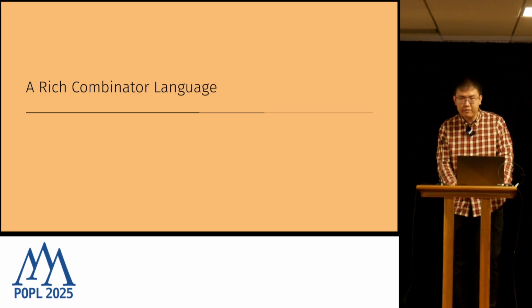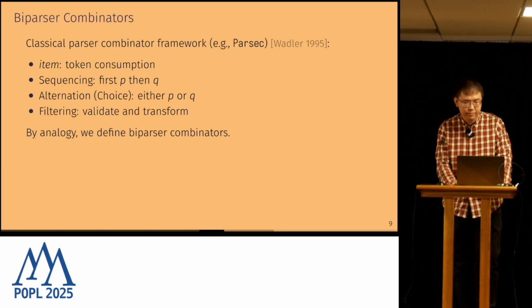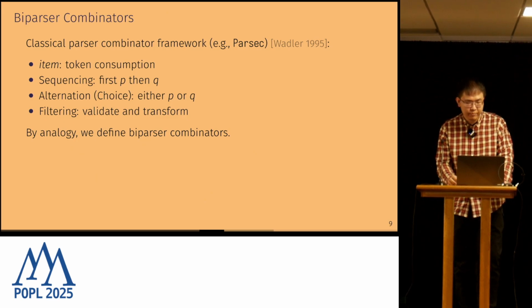And based on this definition, we provide a rich combinator language to write biparsers, which we call biparser combinators, which is based on the classical parser combinator frameworks, like Parsec in Haskell. Usually, these frameworks consist of 4 different parts: token consumption, sequencing, alternation or choice, and filtering, which is validation and transformation.